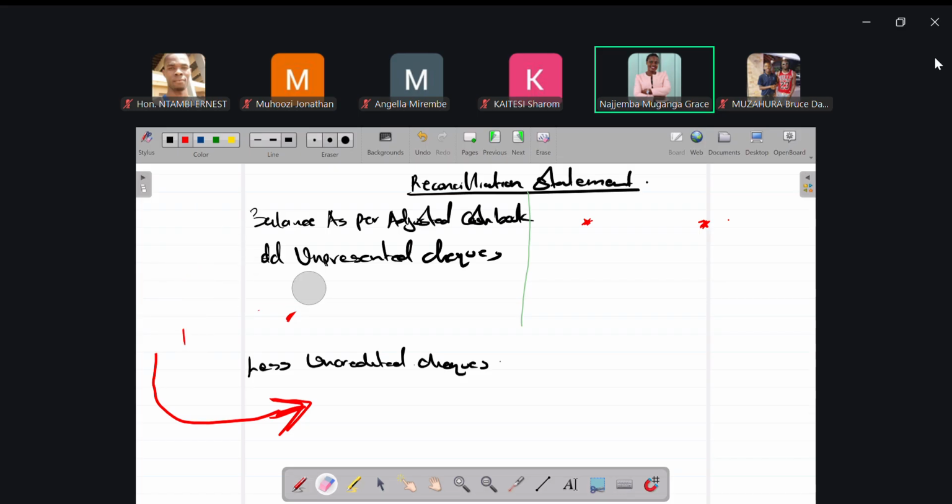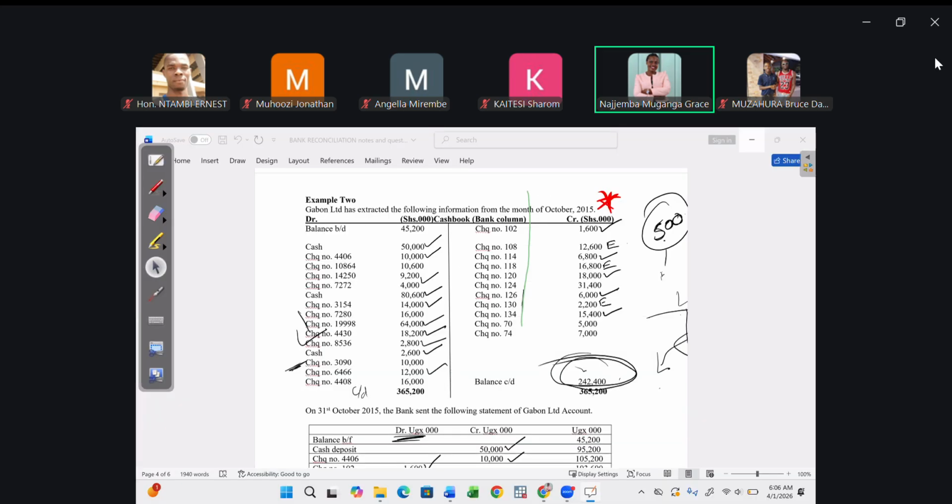Look for the unticked in the cash book. When you're looking at the reconciliation statement, then you move to the cash book. Unticked in the cash book. We can start with the uncredited. Oh, okay, let's start with the unpresented, the ones on the credit side. So unticked, we have 13,400.